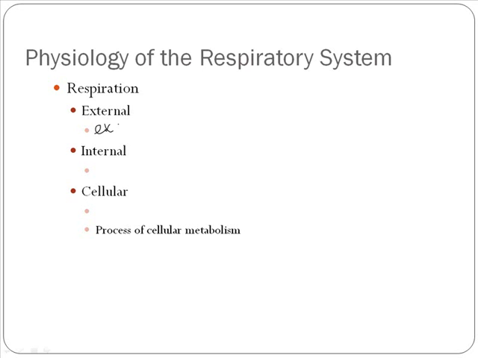So we're talking about exchange of oxygen between the lungs and outside. Or, of course, the atmosphere. That's supposed to be a D. And the atmosphere. So that technically is external respiration. This is what we refer to as a ventilatory rate.